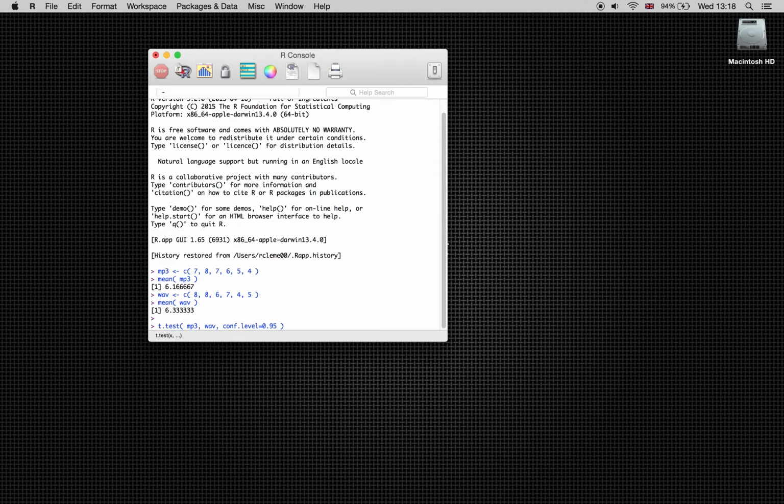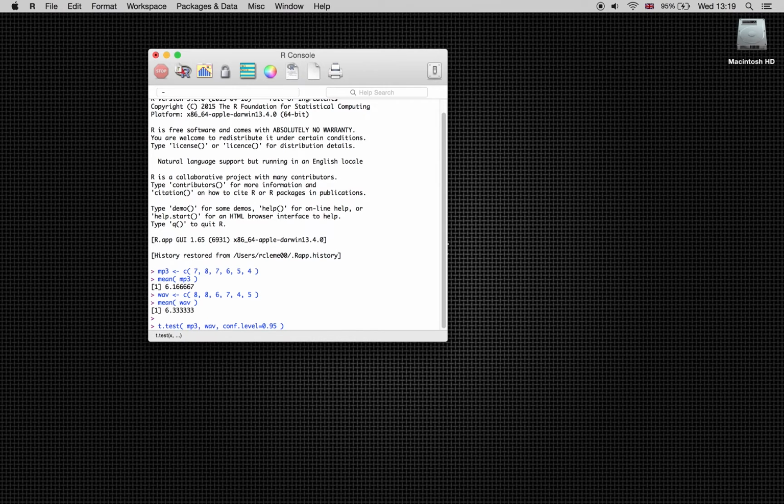That means that I only accept that there is a significant difference between the quality of the MP3 files versus the WAV files if it's 95% certain that the differences we see couldn't occur by random chance. So there's only a 5% probability that the numbers differ this much by random chance.